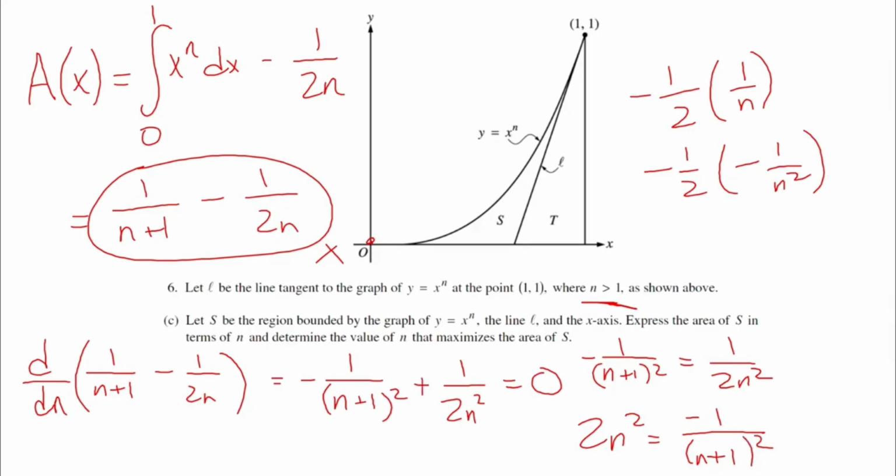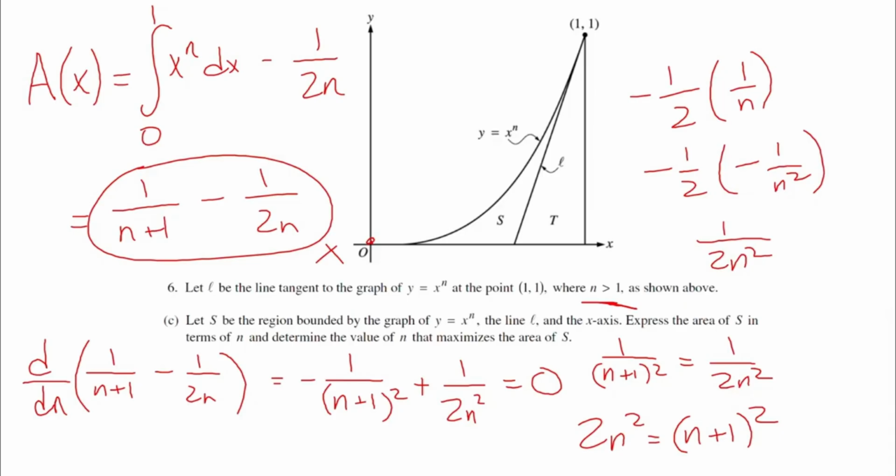So really we don't have that negative there. We said this was positive 1 over 2n squared. So just make sure you get that positive there. Now when we bring the terms on opposite sides and cross multiply, I've written this all horribly. When we cross multiply, we get 2n squared equals n plus 1 squared.